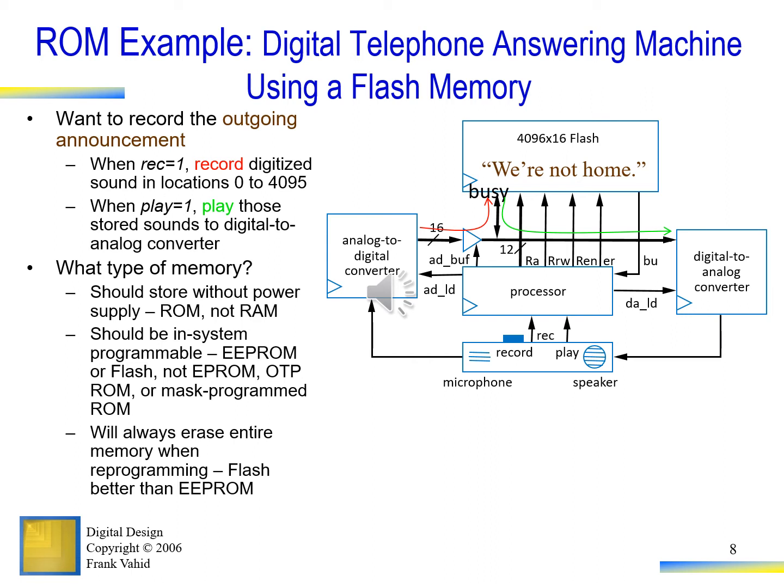It gets erased, but in ROM it is not erased even once the power supply is shut down. It should be in the system EEPROM or flash ROM, where we can also program the ROM again.